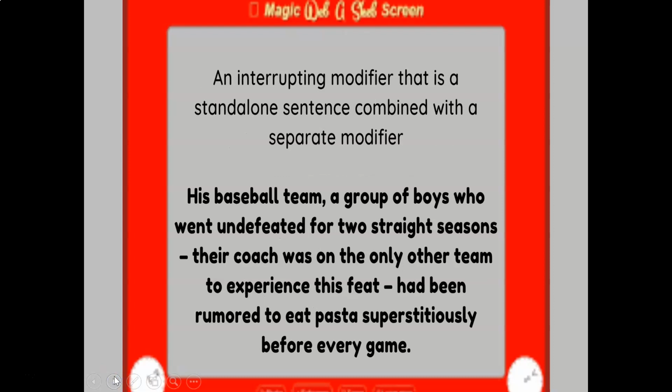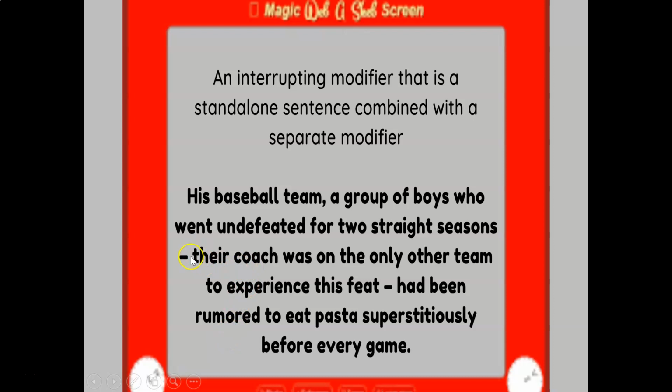So here's another one. An interrupting modifier that is a standalone sentence combined with a separate modifier. This is a hard sentence to write. I struggled with this one a little bit, but I think I got it. His baseball team, a group of boys who went undefeated for 2 straight seasons, their coach was on the only other team to experience this feat, had been rumored to eat pasta superstitiously before every game.